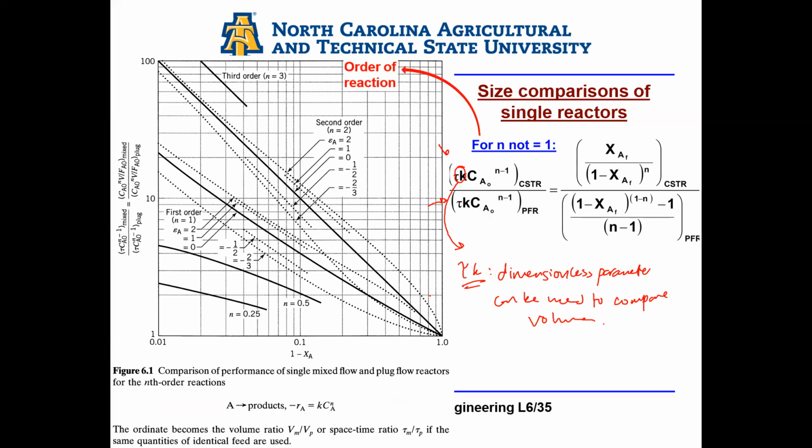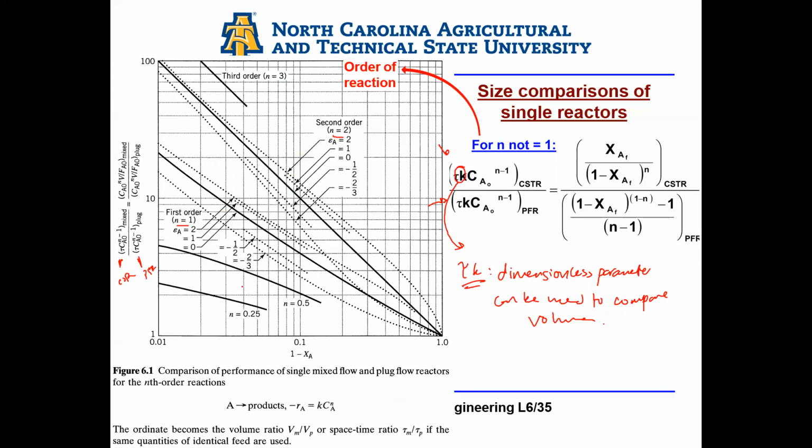Okay, and if this shows up, it's going to show up on a multiple choice question, where basically you need to understand that if I compare the performance of a single mixed flow and a plug flow reactor, so here I'm comparing the volume of a mixed flow reactor or a CSTR to the volume of a PFR for different reaction orders. So I have n equals 1, n equals 2, n equals 3.